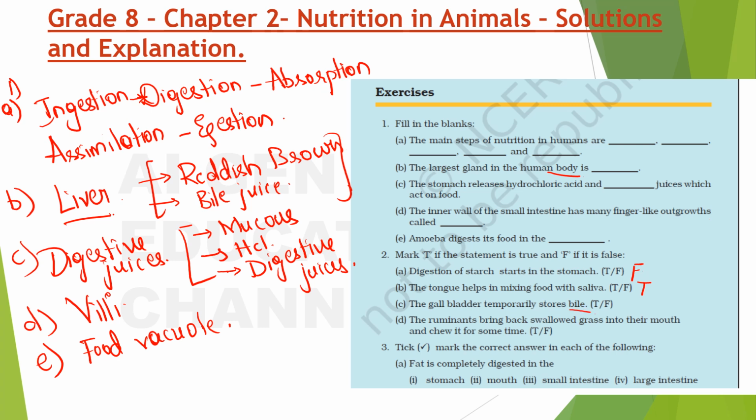The liver makes the bile juice and it is temporarily stored in gallbladder. So this is also true. The ruminants bring back swallowed grass into their mouth and chew it for some time. Yes, that's true, right? Now, tick mark the correct answer in each of the following. Fat is completely digested in where? It is completely digested in small intestine, right?